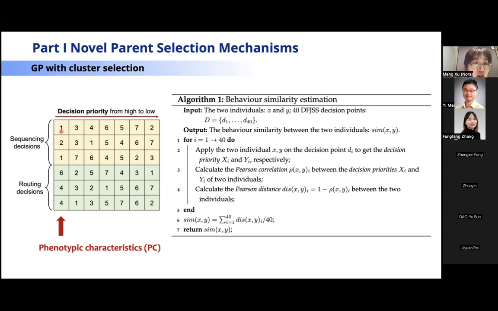And then 1, 3, 4, 6, 5, 7, 2 represents the decision priority for this decision point. So after calculating the decision priority, we calculate the Pearson correlation between individuals on the decision point. And then we get the Pearson distance. So a smaller Pearson distance means that the individuals are more similar to each other.